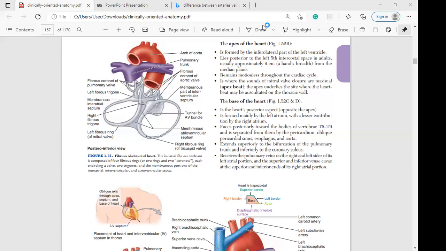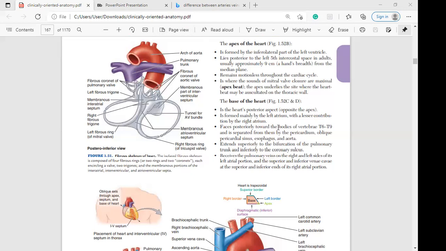Okay, good. Now the base of the heart. The base of the heart is the posterior aspect of the heart. It is formed mainly by the left atrium, with a lesser contribution by the right atrium.